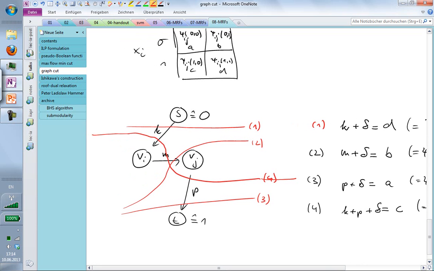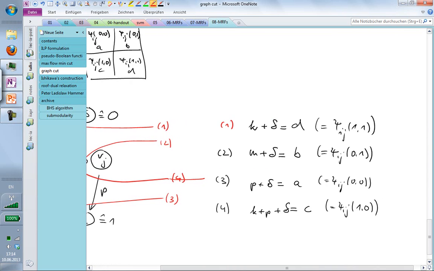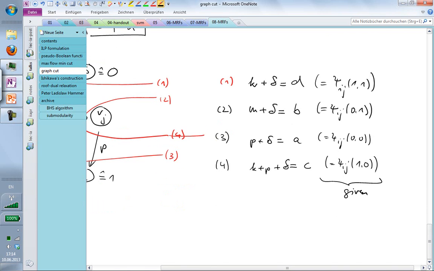So if we look from a distance, we have 4 knowns. These values psi are given. We have designed them by hand or we've learned them somehow. And we have 4 unknowns.